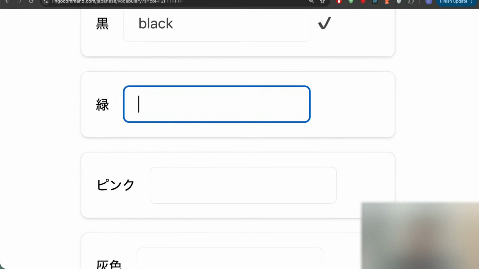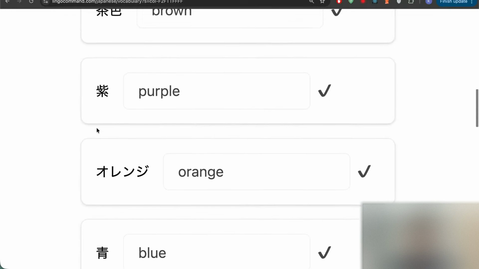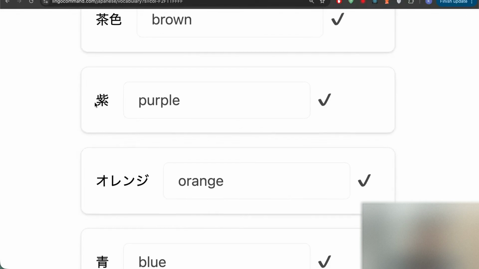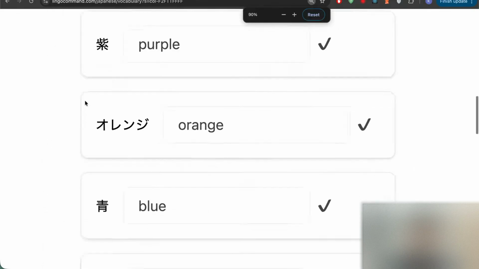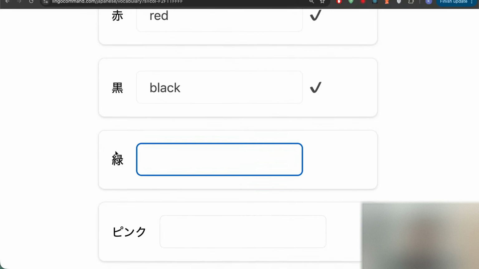And in my opinion, this next one is kind of interesting when you also compare it with purple. So purple has three radicals. If you look at the bottom radical, let's zoom in a bit further here. That's actually the same radical that's here on the left for green, which is midori.